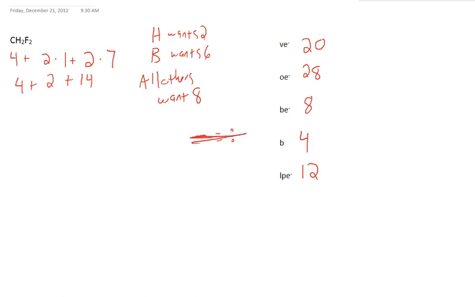So you need to find your central atom first. And the rule is it will always be carbon if carbon is present. It will never be hydrogen. So because there is a carbon, that means that my carbon atom goes in the middle. Now I just need to go ahead and disperse these others around it.